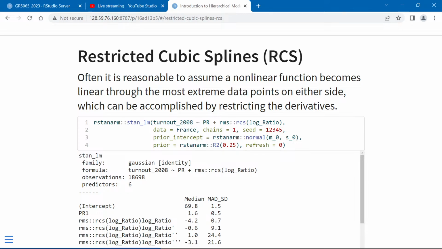So if this were age, to say, okay, the effect can be nonlinear in all the intermediate ages. But if the oldest person you have in the data set is 94, then say, okay, whatever the slope is for the 94-year-old, just keep going linear for everyone who's older than that.